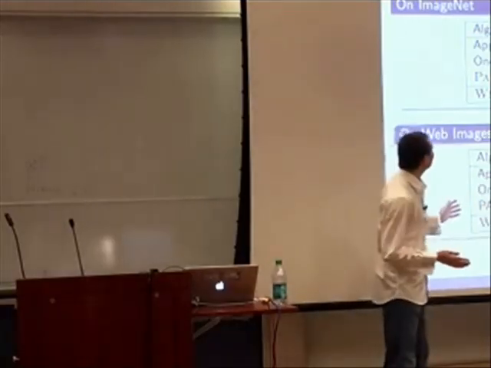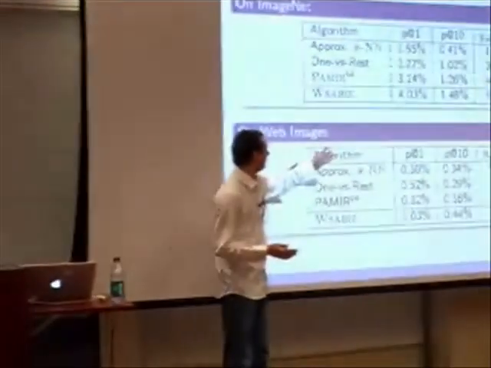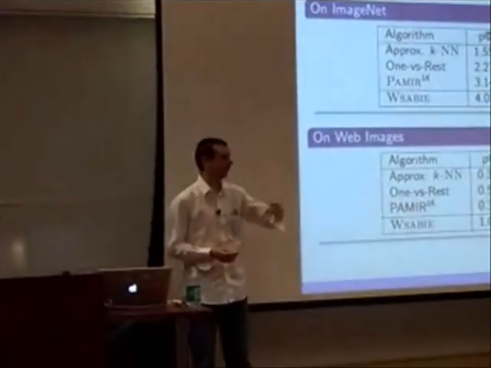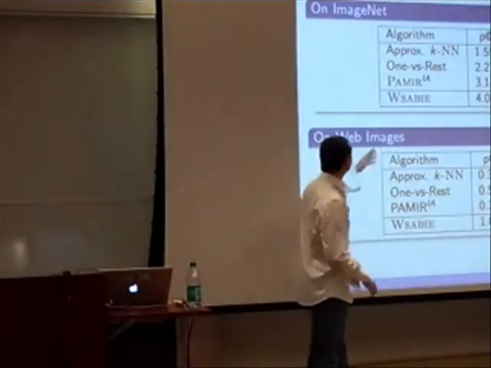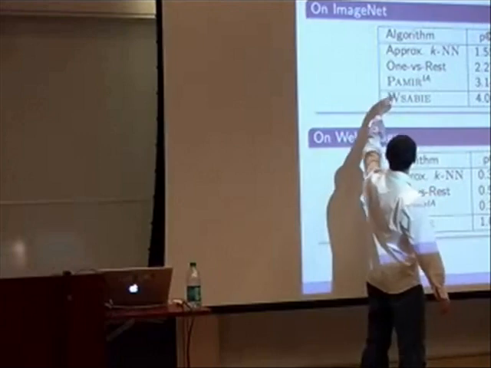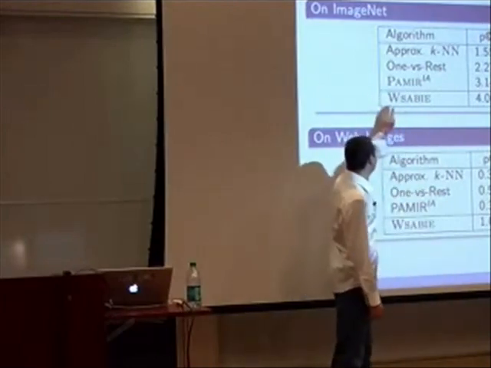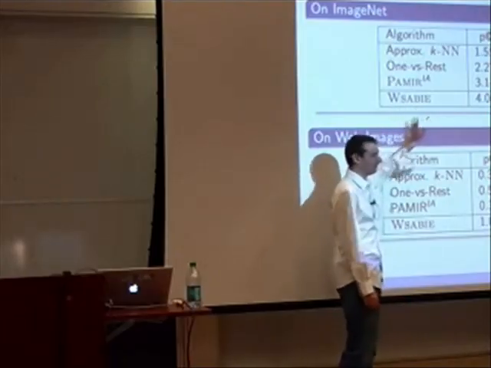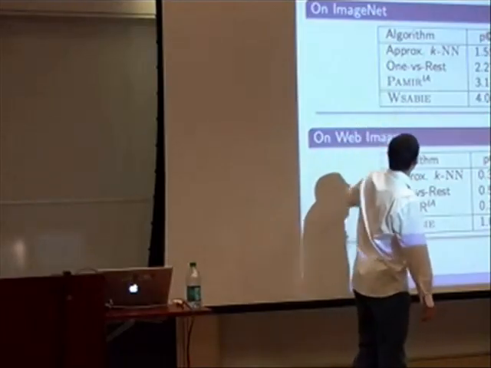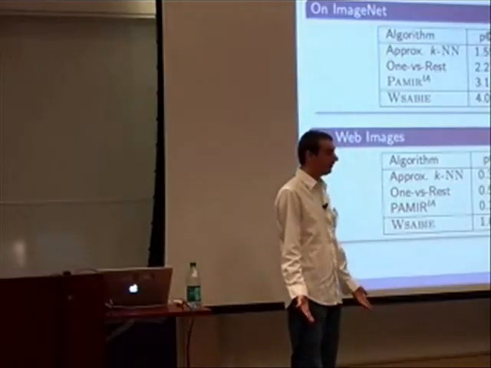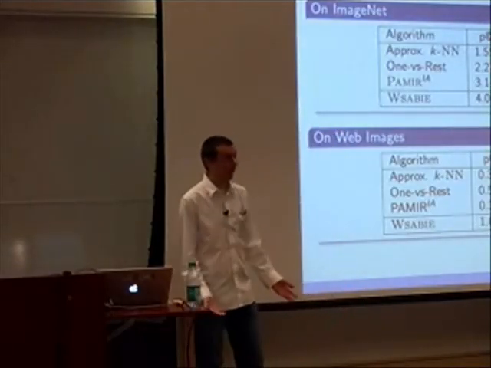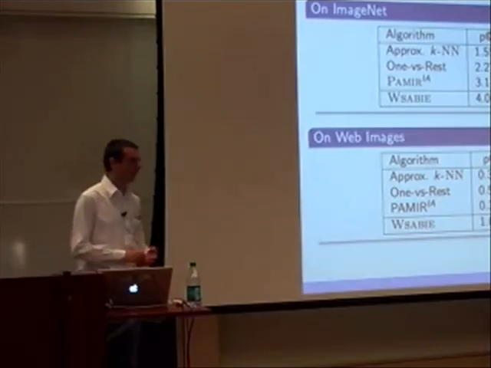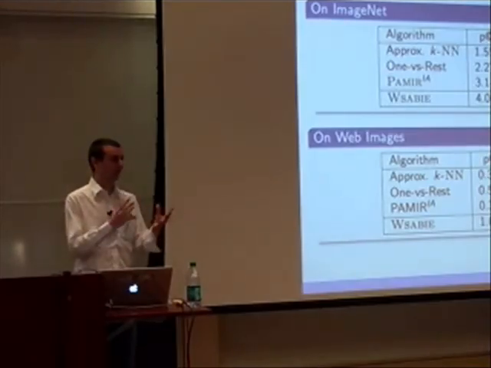A precision at 1 of 4% means we're getting the annotation right at the top of the list 4% of the time. Although they're bad, our method, called WASABI, which stands for web scale annotation by image embedding, is at least better than the other approaches. One reason they're bad is that this is a worst case measure.